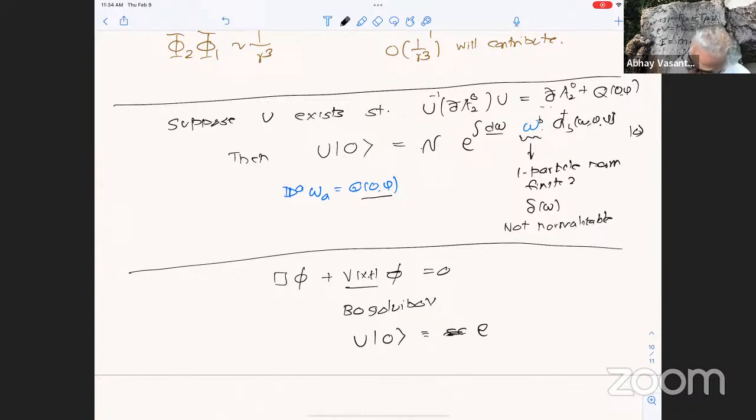So e to the a dagger type of thing, operating on the vacuum, with some coefficient up here, and this coefficient will depend on V. The statement is that you want to know if in fact this has finite norm. Sometimes it does, and sometimes it doesn't. Typically, in quantum field theory in curved space-time, in general time-dependent situations, it does not have finite norm, and then it is not unitarily implemented.